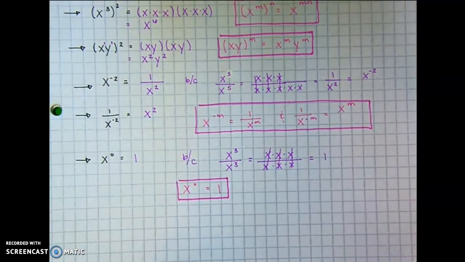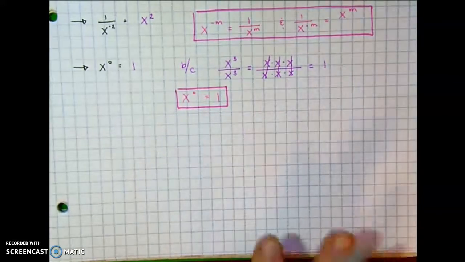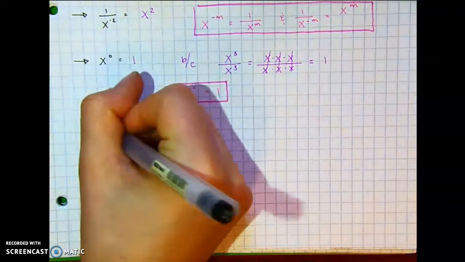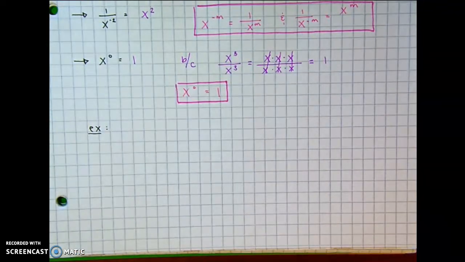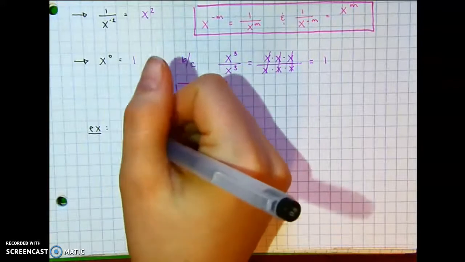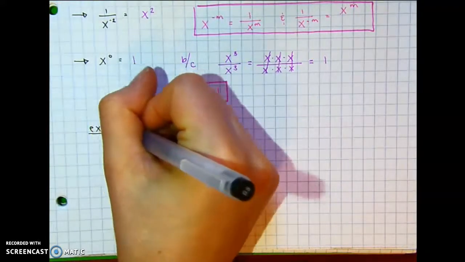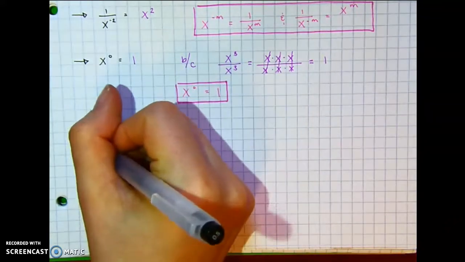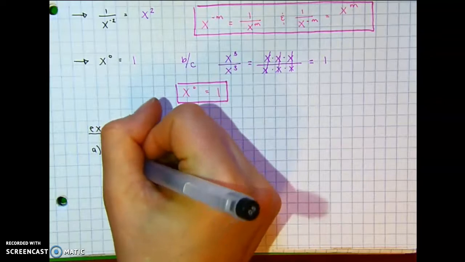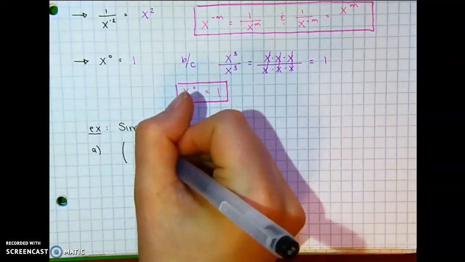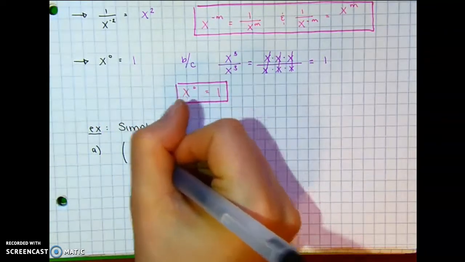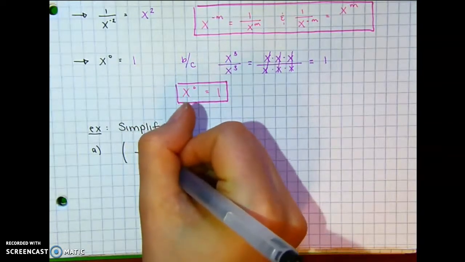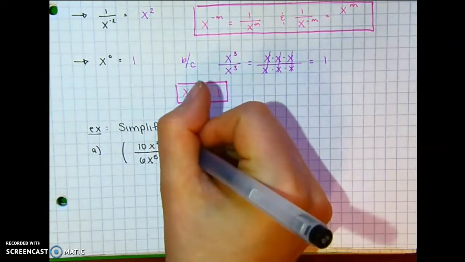I'll do an example, maybe one example. So if I had an example like simplify 10x squared divided by 6x to the 5th, and all of that cubed.